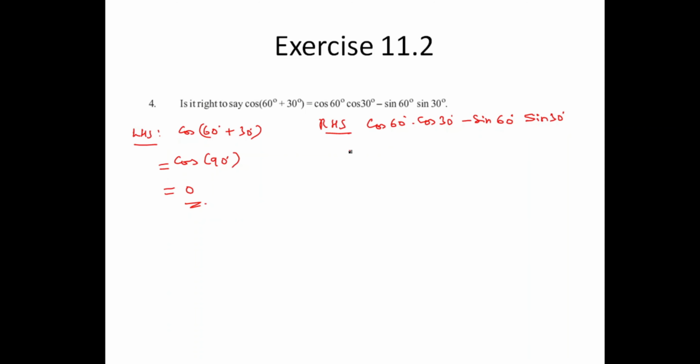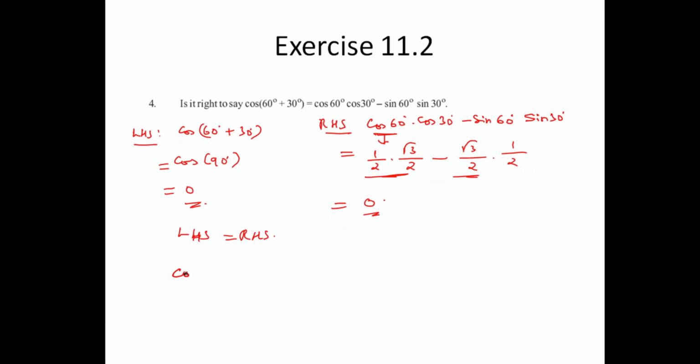So let me substitute the values. The value of cos 60 is 1 by 2, cos 30 is root 3 by 2, minus sin 60 is root 3 by 2, sin 30 is 1 by 2. So this is equivalent to this one, and the overall answer is 0. Right? So I can say that here LHS is equivalent to your RHS, isn't it? And yes, it is right to say that.